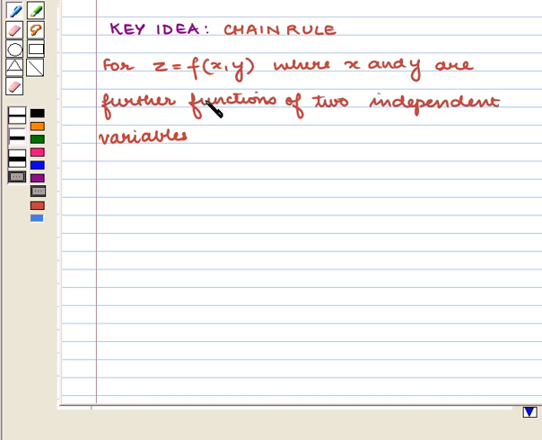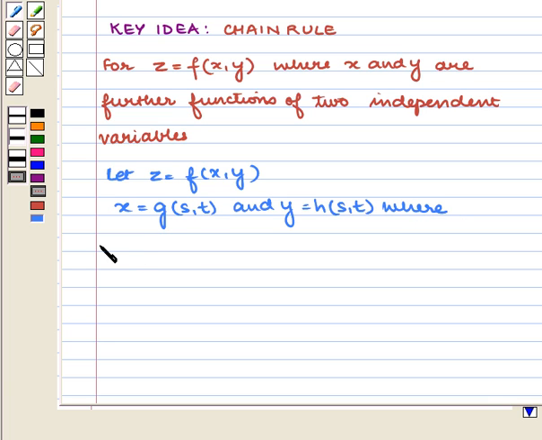We know the chain rule for z equal to f of x, y, where x and y are further functions of two independent variables. Let z be equal to f of x, y. Also, x is equal to g of s, t and y is equal to h of s, t, where f, g and h are differentiable.